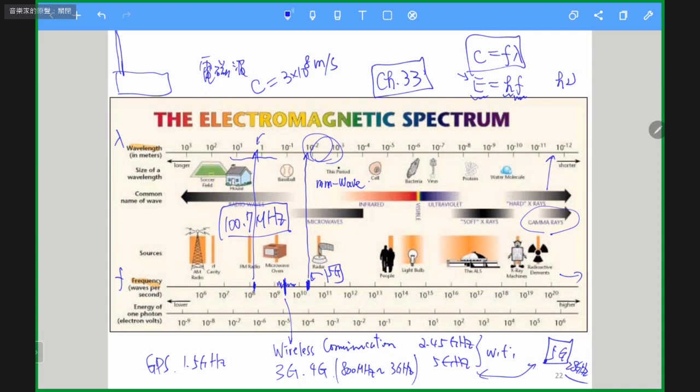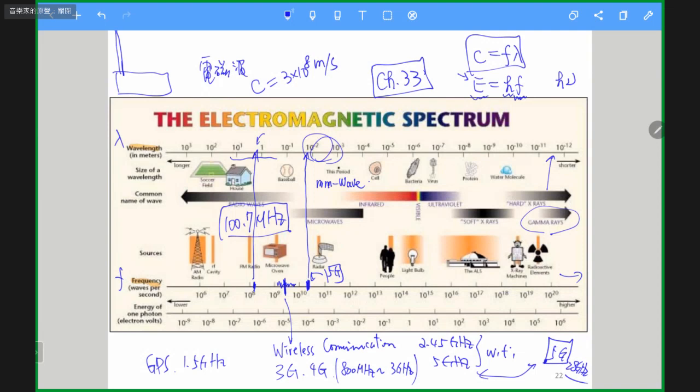And if you really need to use your mobile phone to receive the FM signal in the air rather than from the internet, then you usually need to plug in your headphone. So your headphone is quite long with the wire, so it acts as the antenna to receive the FM signal.